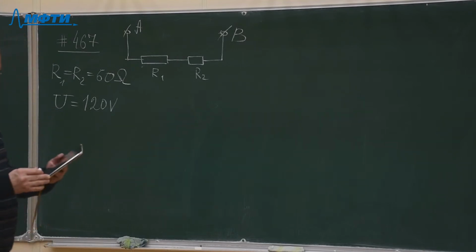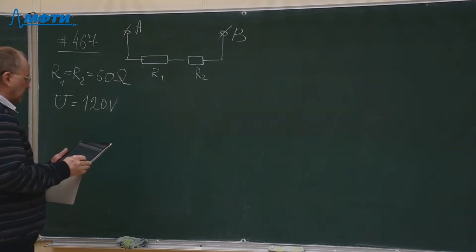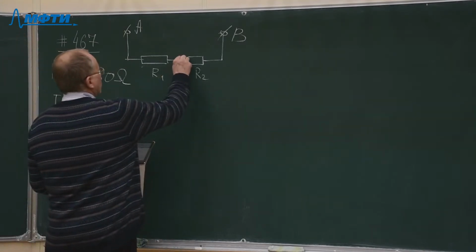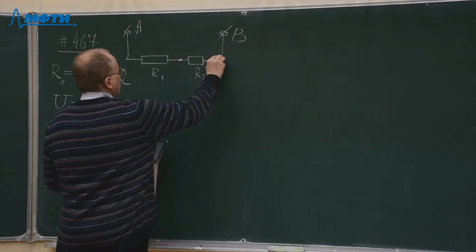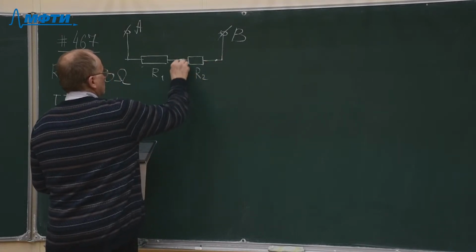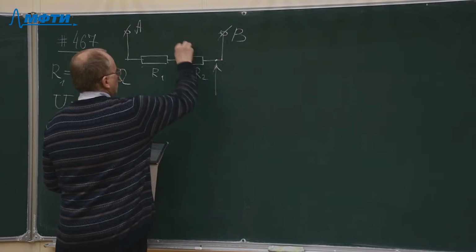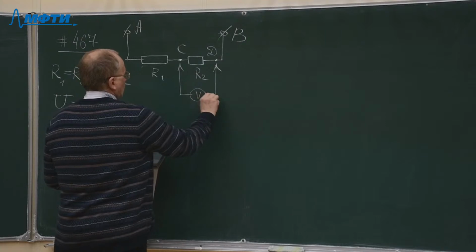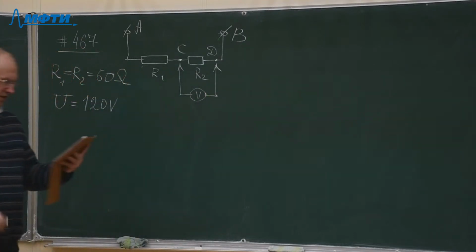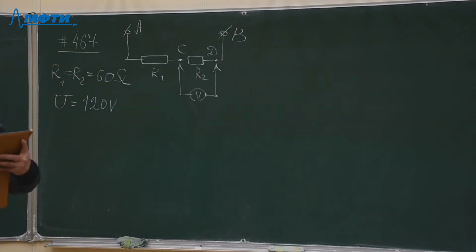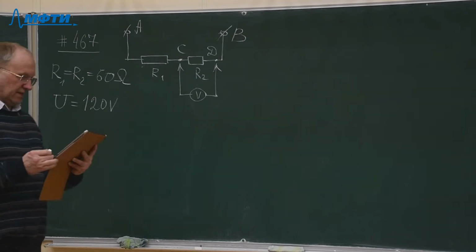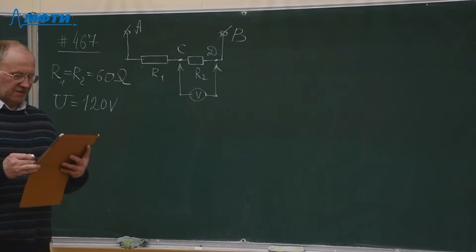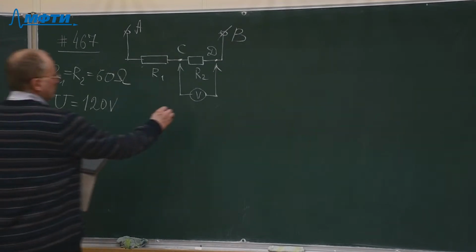Find the reading of a voltmeter connected to points C and D. So we connect a voltmeter here to these points. And we need to find the readings of this voltmeter if it's connected to points C and D, and if its internal resistance is given.